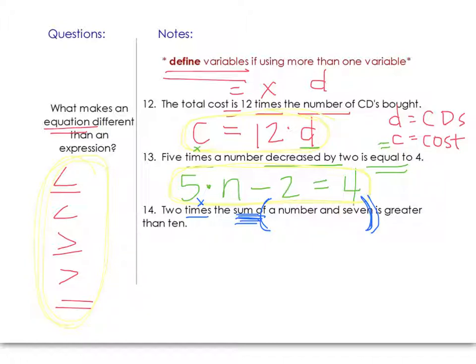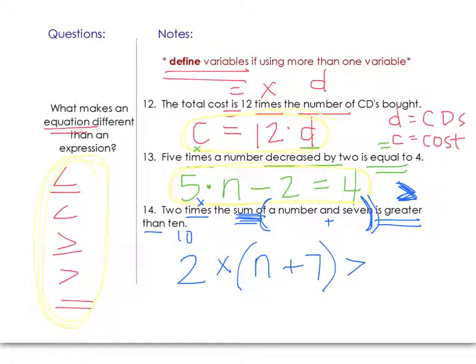So I want the sum of a number and 7 is greater than 10. So 2 times the sum of, big old parentheses, a number and 7 is greater than 10.